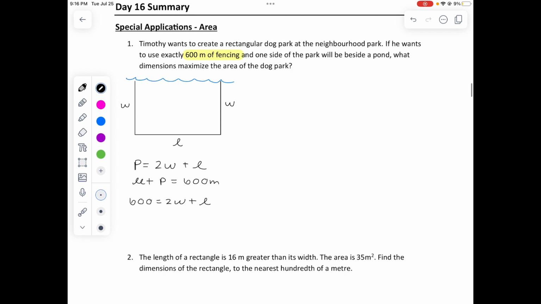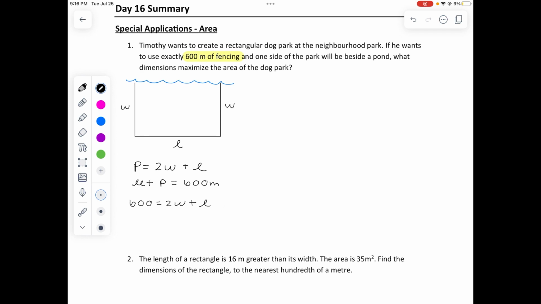And what we want to do then is rearrange this equation so that we have one of the variables isolated because we're going to substitute it into another equation later. So this might remind you a little bit of the linear systems equations where we have one equation that we use substitution for into another equation.